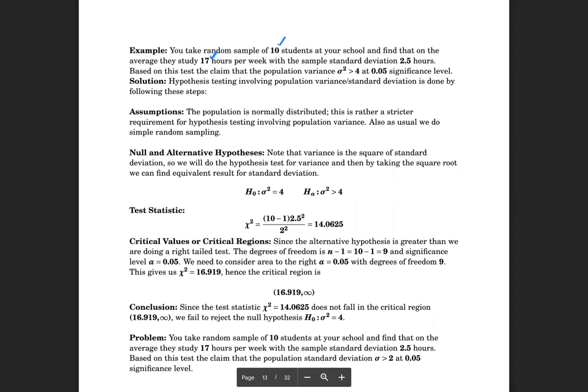N is equal to 10 and X bar is equal to 17. They study 17 hours per week with sample standard deviation S equal to 2.5. Based on this, test the claim that population variance is greater than 4. That means sigma square is greater than 4 at 0.05 significance level.